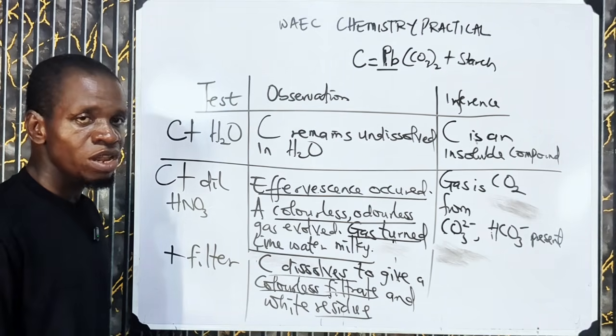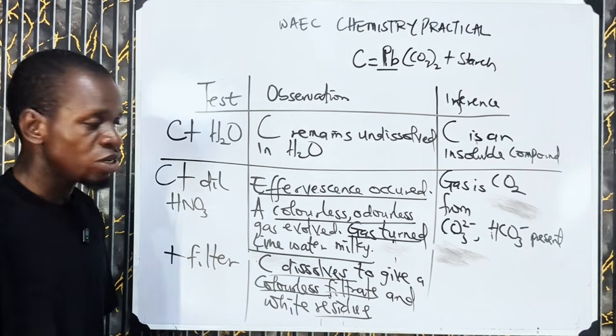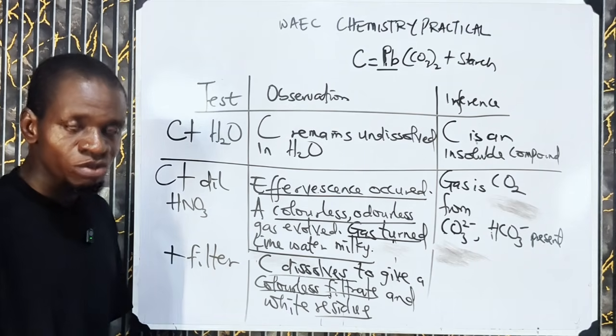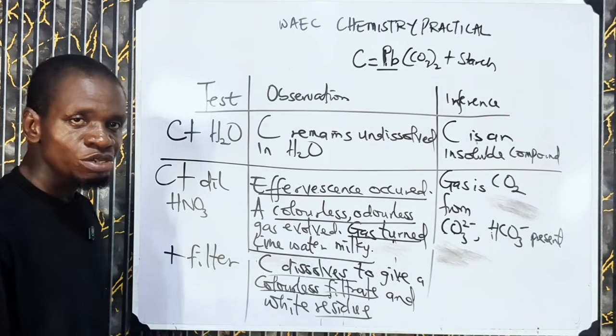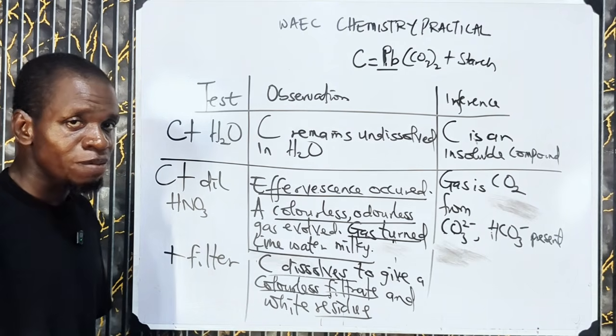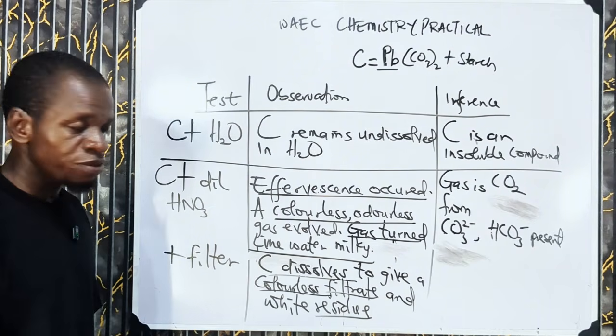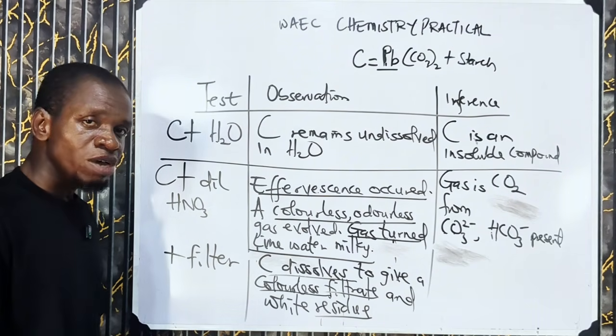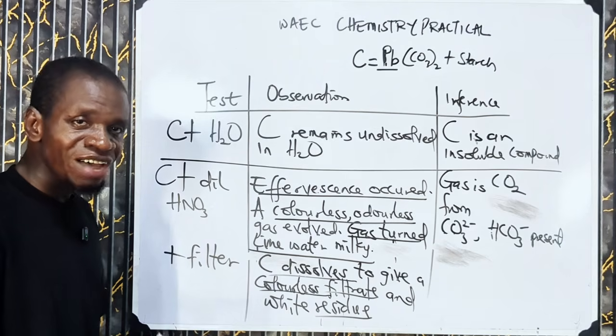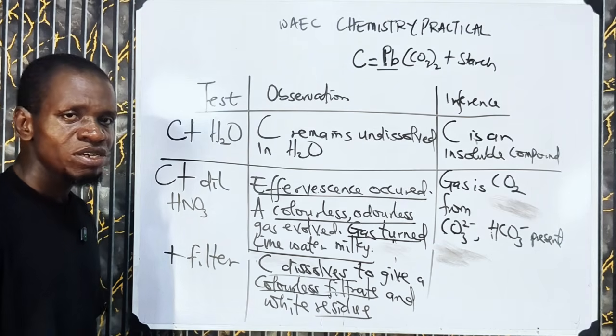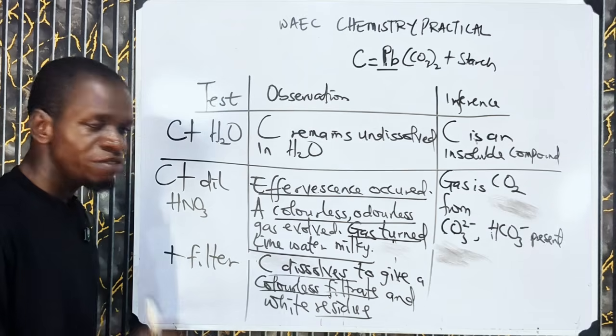You must tell us that the proper word is filtrate, because you're going to filter. Then tell us whether the filtrate is colorless or has any color. So it's very important you note this information.